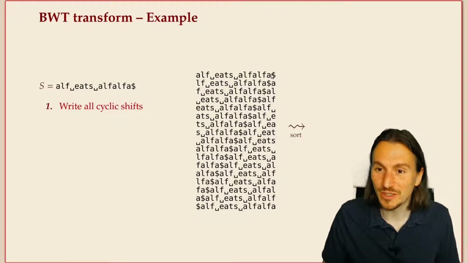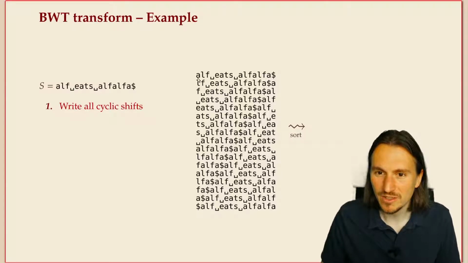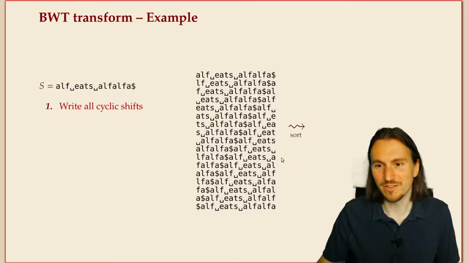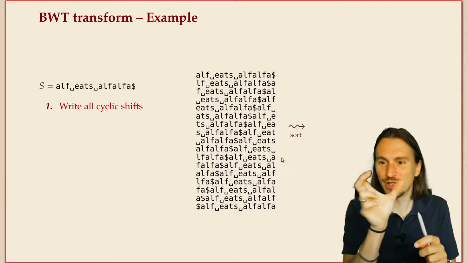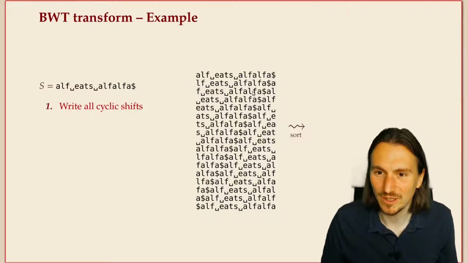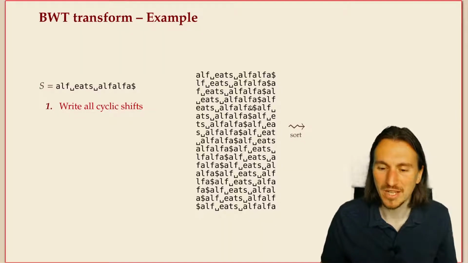What we need is all the cyclic shifts. So this is the text with the dollar at the end. You get all cyclic shifts by starting at a certain position and then starting from the beginning modulo the length of the text again. So these are all the cyclic shifts, right? Starting at all positions, and you see visually how you just shift things by one character to the left when you move down one line.